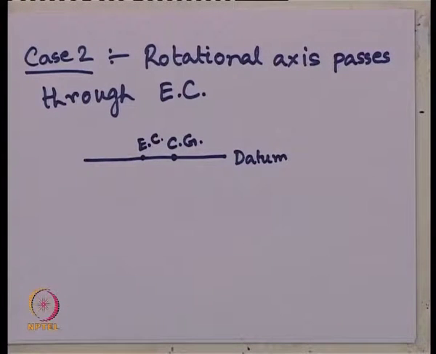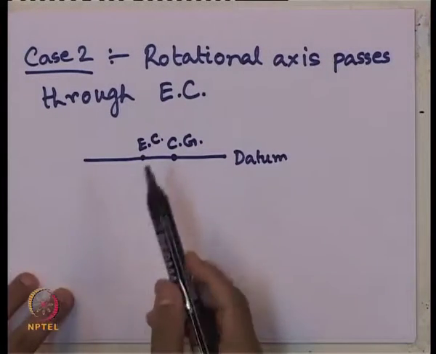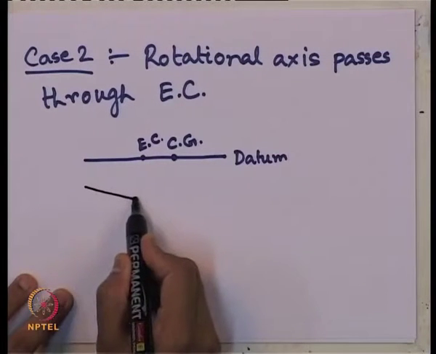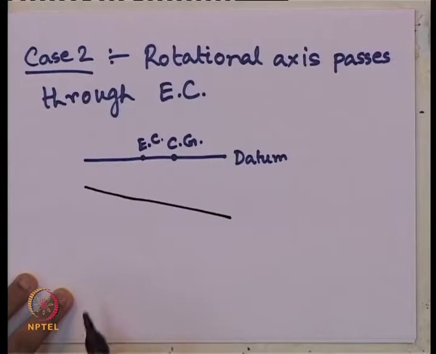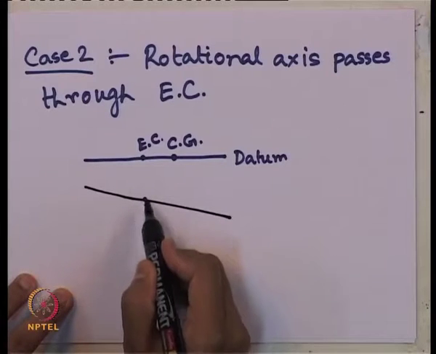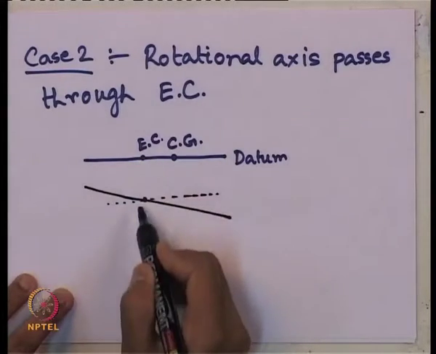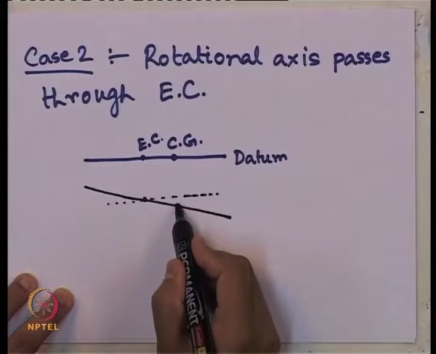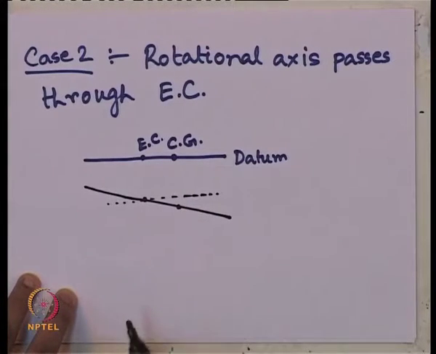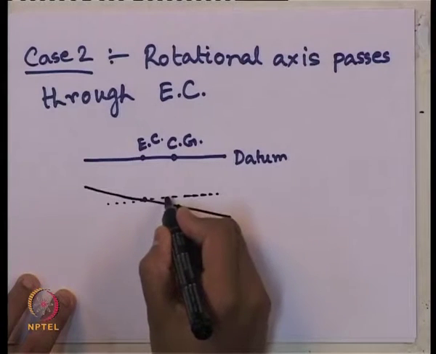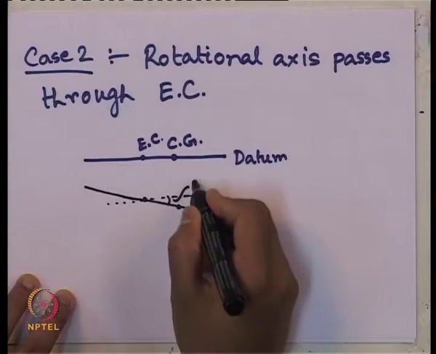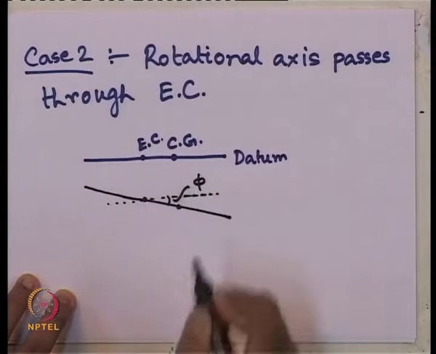And what happened in the new position? It has come down here and it has rotated. We are considering now about its elastic center. So, this is EC, whereas this is CG. So, let us say the rotation about the elastic center is represented as phi.